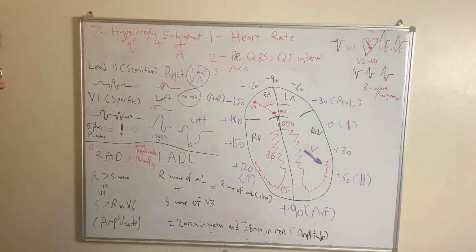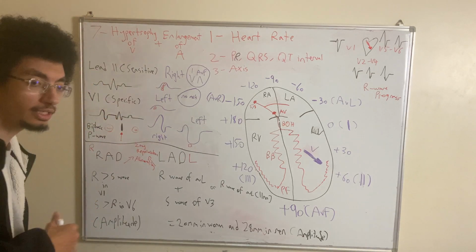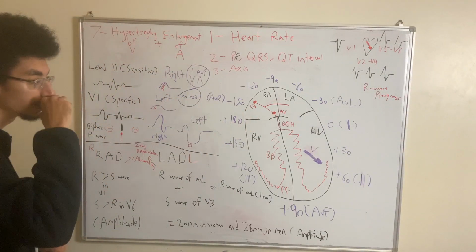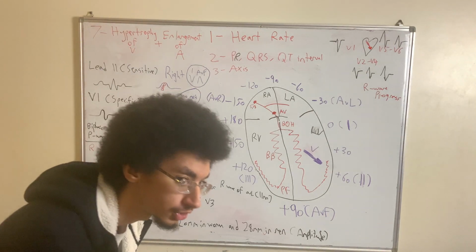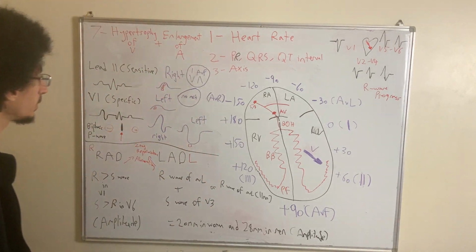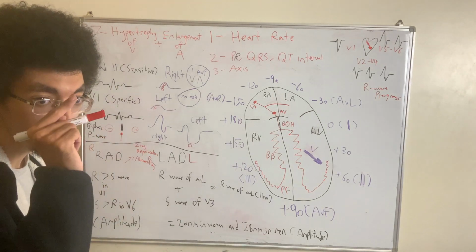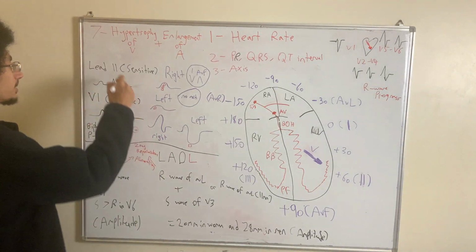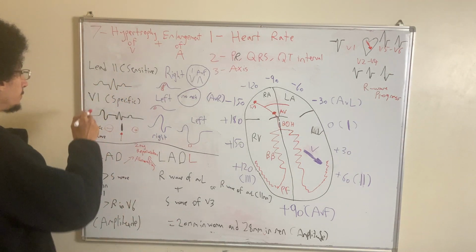Now, we have a criteria. Here's the criteria for right atrial enlargement. Let's say we have an enlargement of the right atrium due to tricuspid stenosis. Well, what is my criteria to diagnose right atrial enlargement? I will look at lead 2 and I will look at V1.